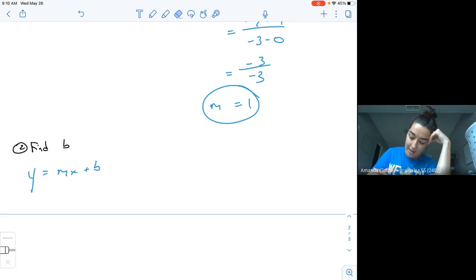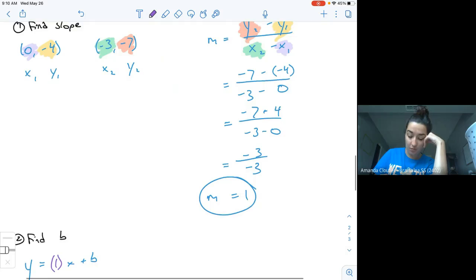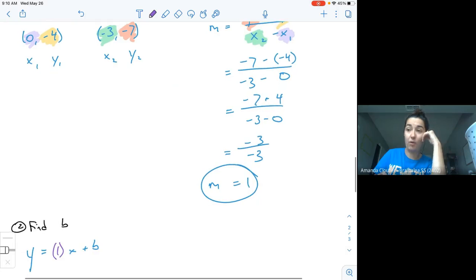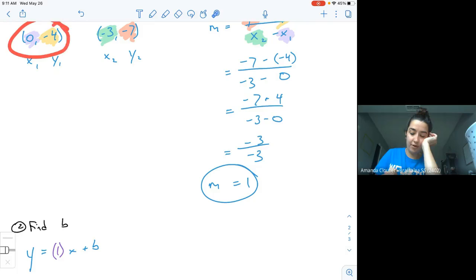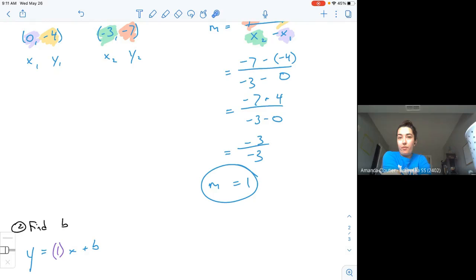I replace the m with the one that I just found, so I'm going to put that as 1. And I also need to replace a y and an x using one of the points from my question. Would you like to use (0, -4) or (-3, -7)?